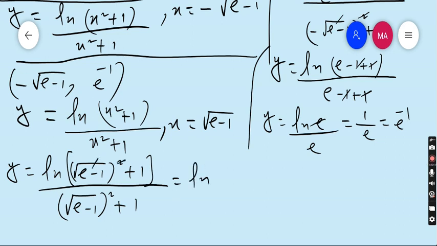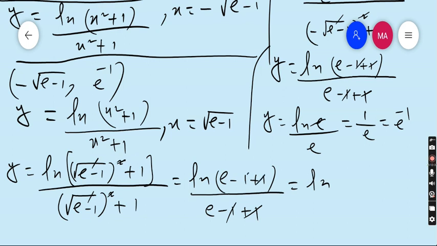Square and root cancel. ln(e minus 1 plus 1) upon, square and root cancel, e minus 1 plus 1. 1 cancel by 1. ln e upon e. ln and e cancel. 1 upon e. 1 upon e is e power minus 1.